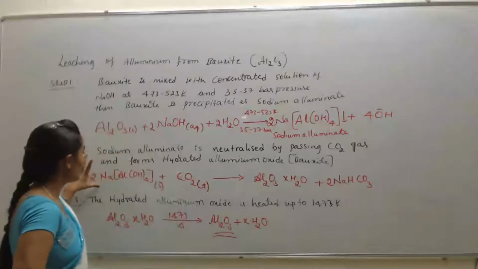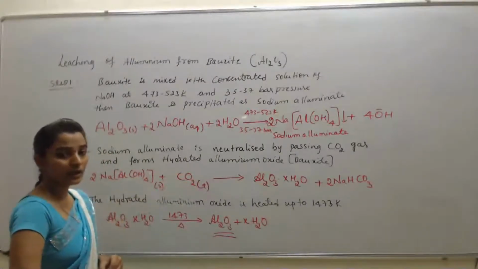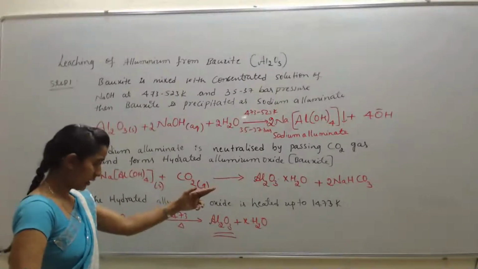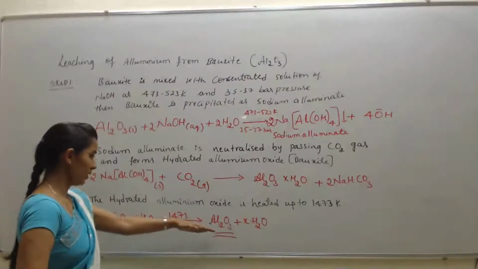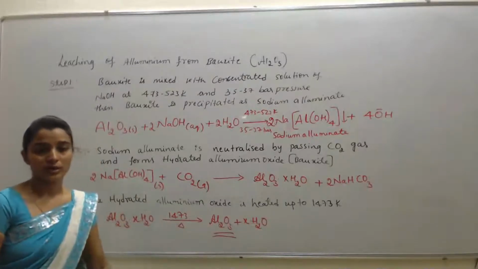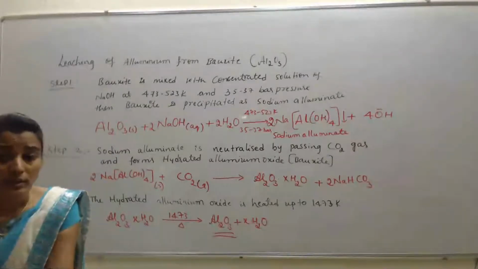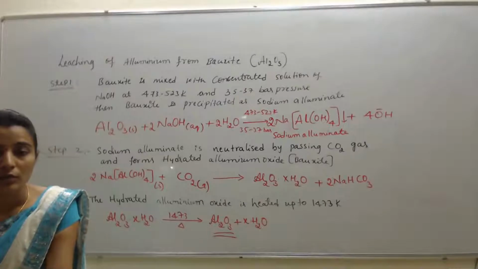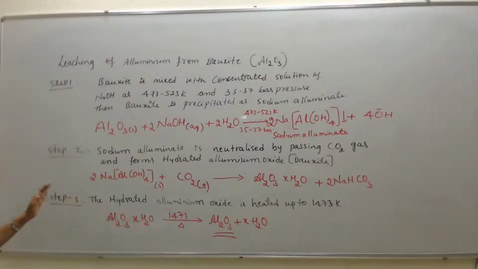Once the sodium aluminate forms, it is neutralized by passing CO2 gas and forms hydrated aluminium oxide. Hydrated aluminium oxide is heated up to 1473 Kelvin, then we get pure Al2O3. Okay, so this is leaching of aluminium from bauxite. Clearly take down these notes and practice as early as possible. This is a compulsory and expected question.